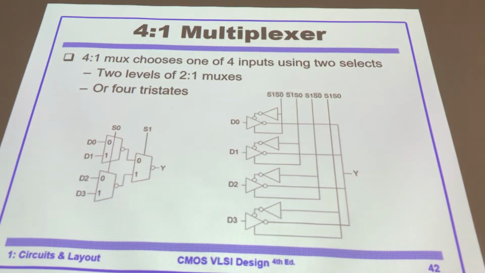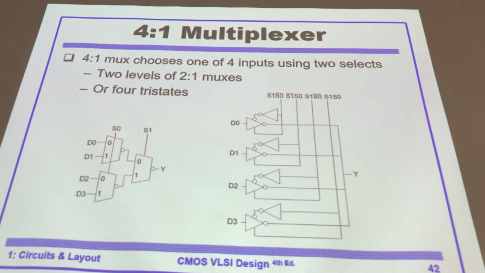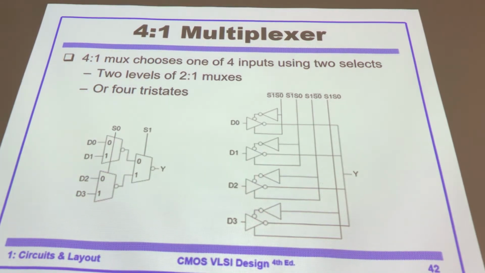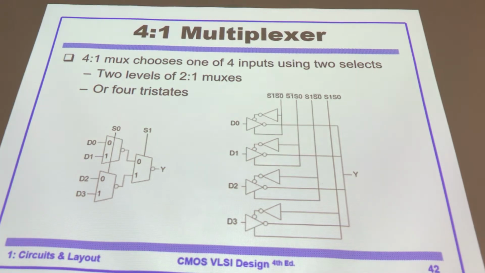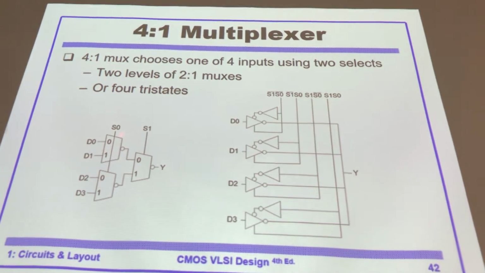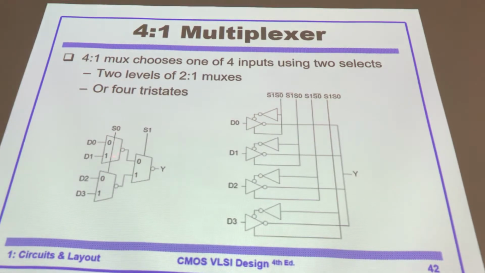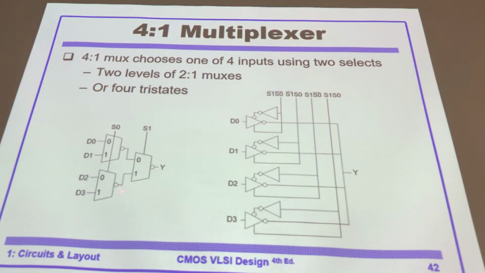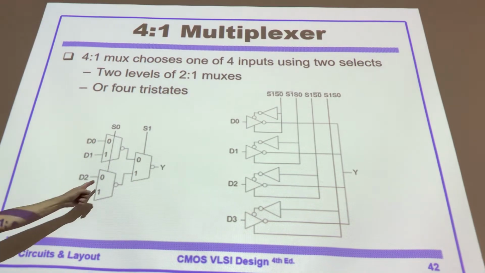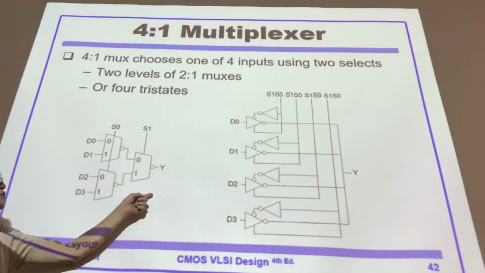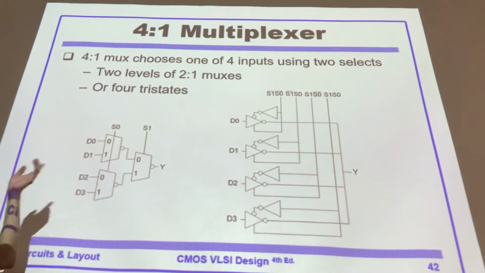Now multiplexers with more inputs. You can build a 4-to-1 multiplexer with 2-to-1 multiplexers. You need 3. Each one is an inverting multiplexer, because at this stage the bubbles cancel each other.